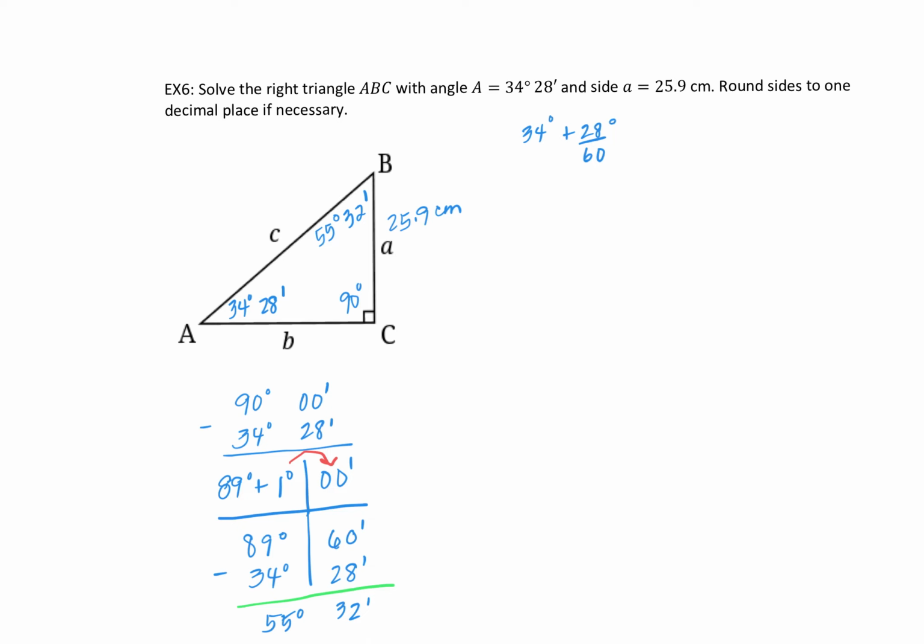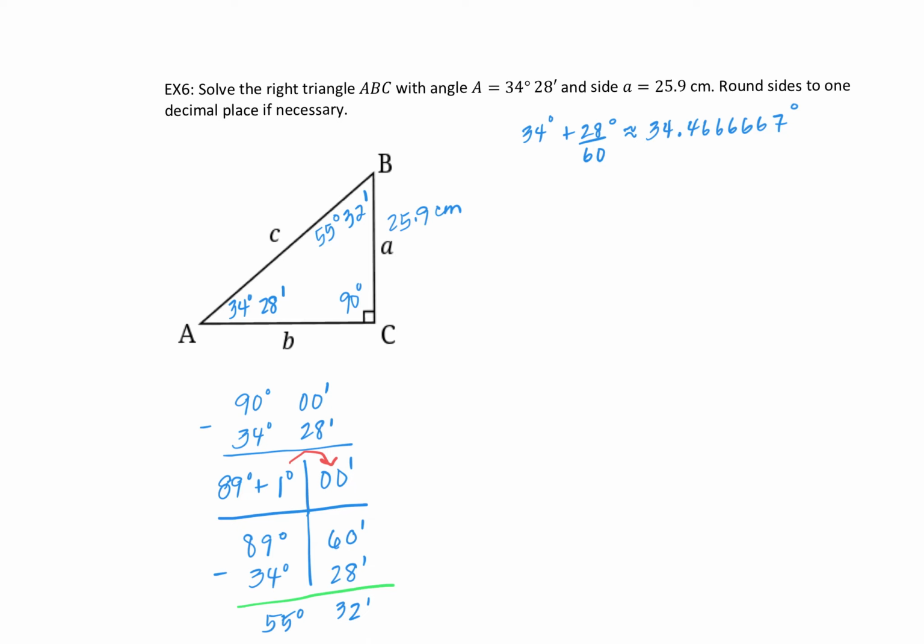That's approximately 34.4666666. The sixes just keep repeating, and that's a degree. So 34 degrees 28 minutes is approximately 34.4666667 degrees. So with respect to A, I have the side opposite.